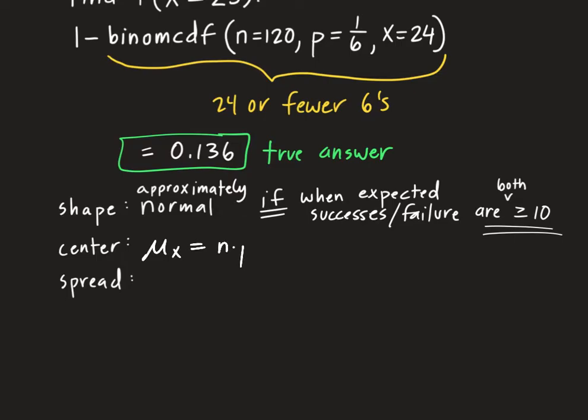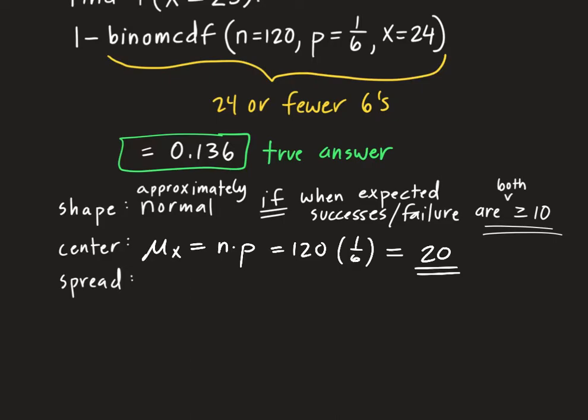N times P is the expected value or mean of a binomial. We are rolling 120 dice, 1/6. So our mean, our expected value, the center of our normal curve is at 20, which on the graph you see in class should be clustered around 20.